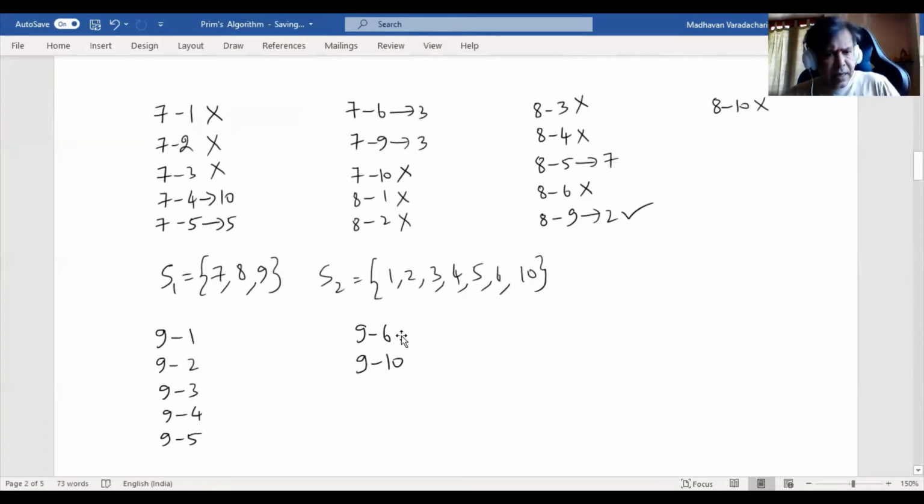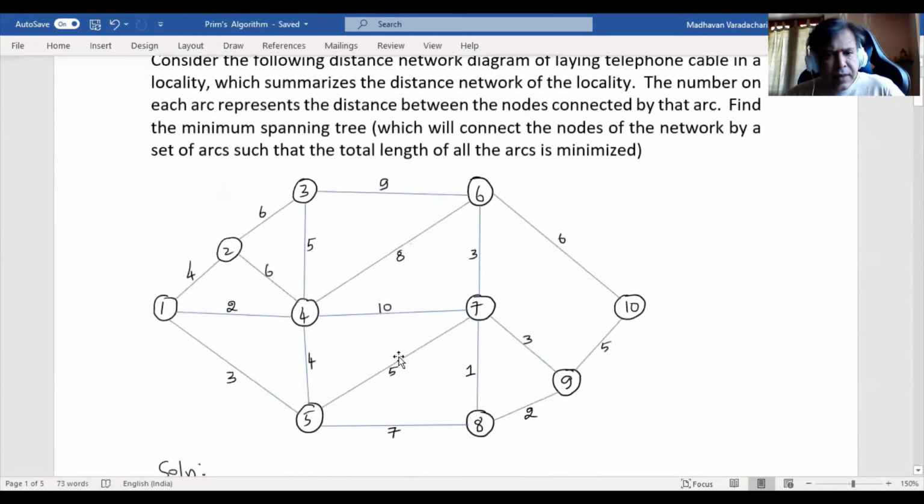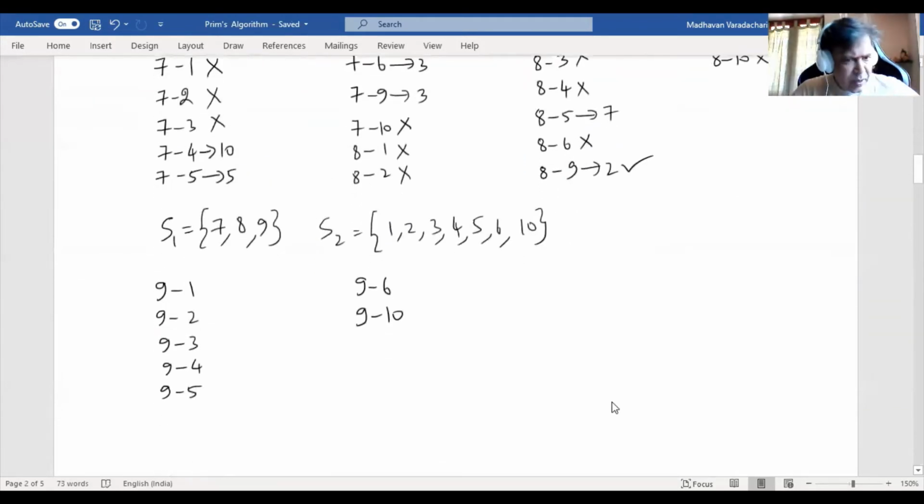Now, is there an arc connecting from 9 to 1? 9 is here, 1 is here, there is no arc connected. Likewise, most of them there is no connection.